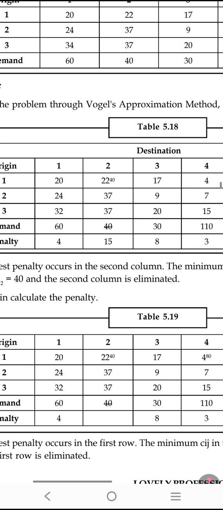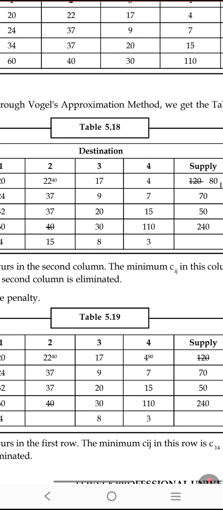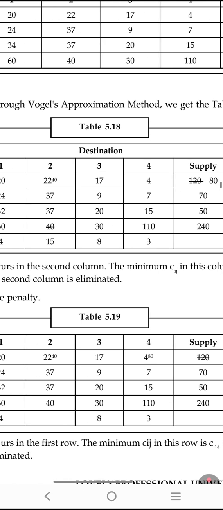In the third column, the smallest cost is 9 and the next smallest is 17, so the difference 17 minus 9 is 8, that is, the penalty is 8. In the fourth column, the smallest cost is 4 and the next smallest is 7, and the difference is 3.